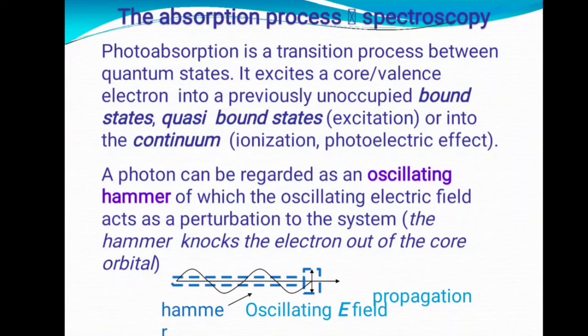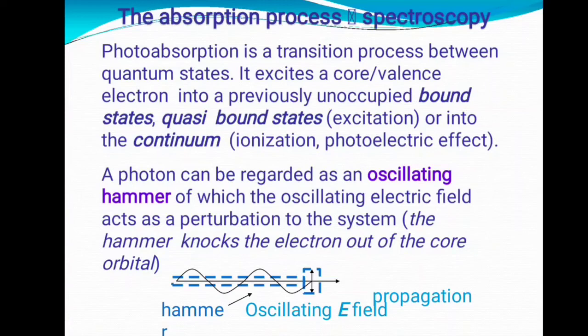The absorption process spectroscopy. Photoabsorption is a transition process between quantum states. It excites a core or valence electron into a previously unoccupied bound state, quasi-bound state, or into a continuum state, which means excitation states and also ionization, the photoelectric effect.